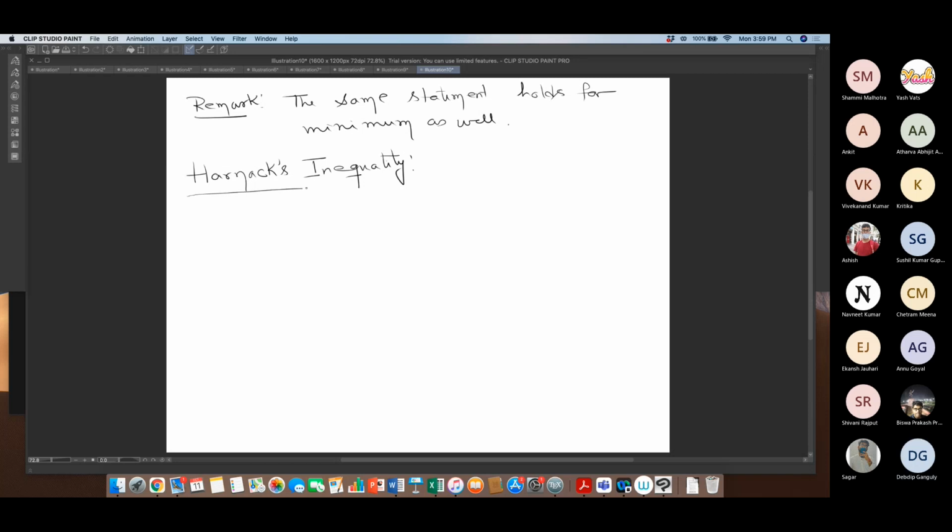Harnack inequality. It's a very important inequality. This is used in harmonic analysis, PDE, geometry, everywhere. Of course, what I will do is a very simple version. It can be generalized in much more generality, but what we will be doing is a very simple one.